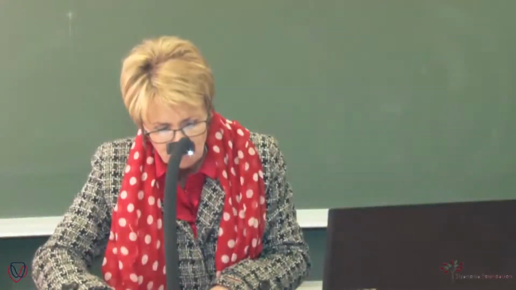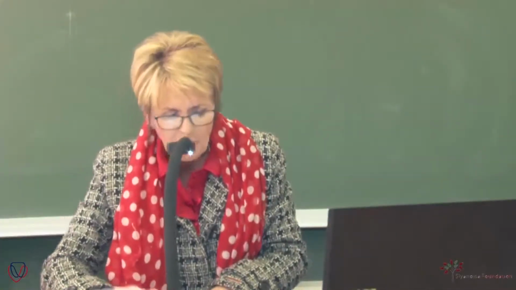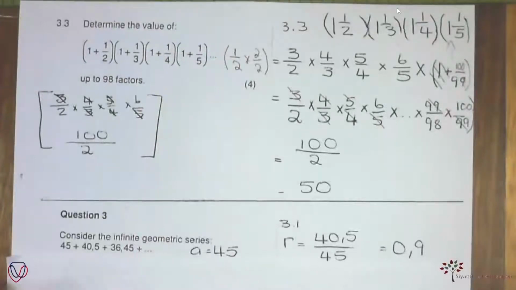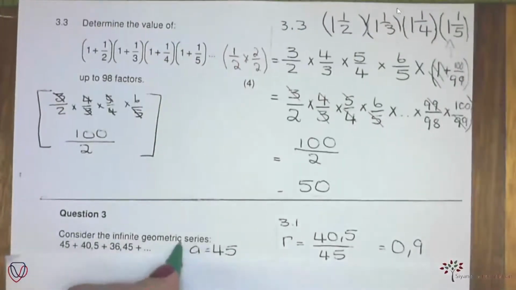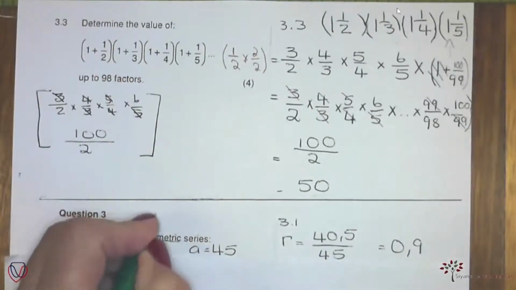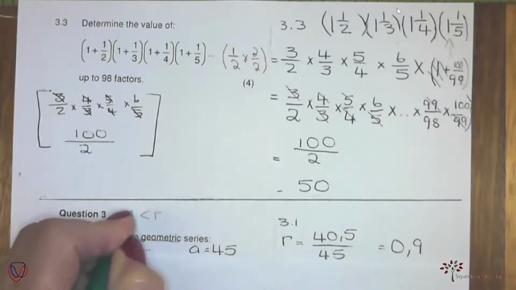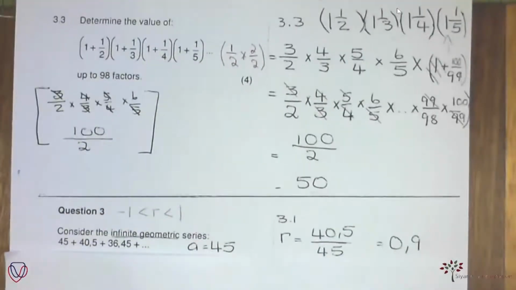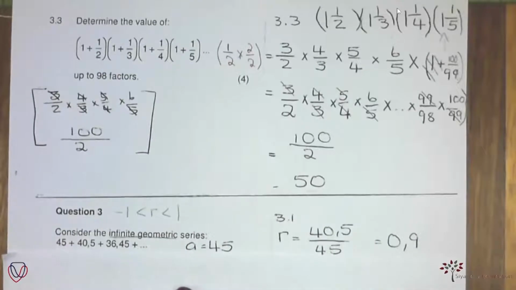Let's go to question 3. In question 3 they said, consider the infinite geometric sequence. Underline "infinite". Immediately if you see that, you're going to write that r is between -1 and 1, r must be a fraction. Infinite, r must be a fraction.